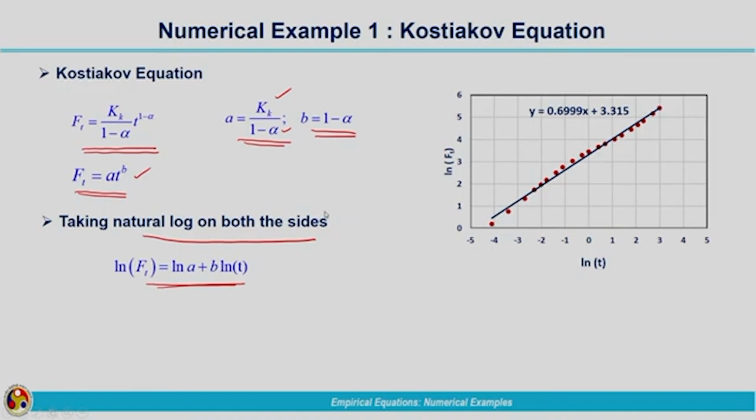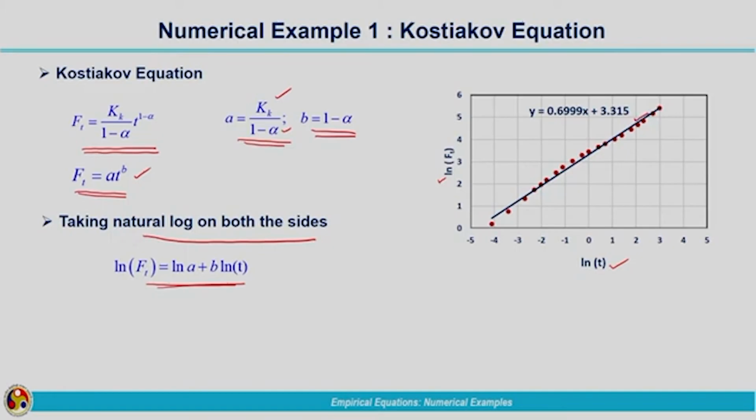These red points show the data points. We are plotting the graph between ln f of t and ln t. The natural logarithm of cumulative infiltration and time is calculated, and after that we plot those data points. Then we fit a straight line to these data points.